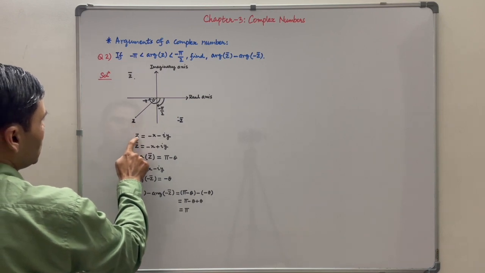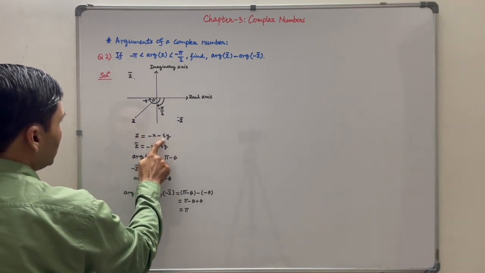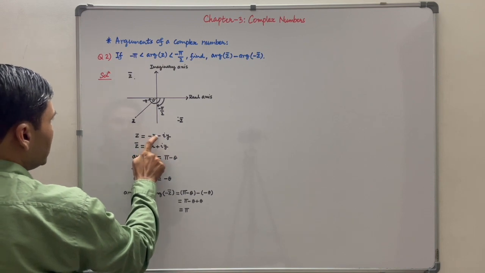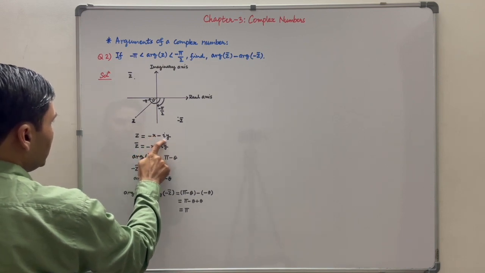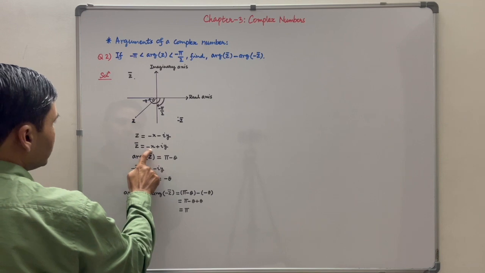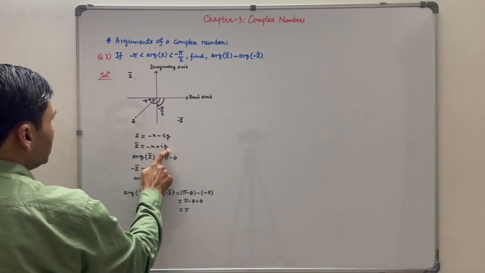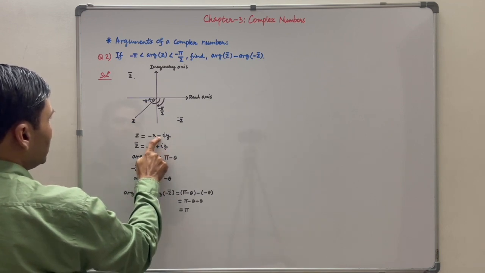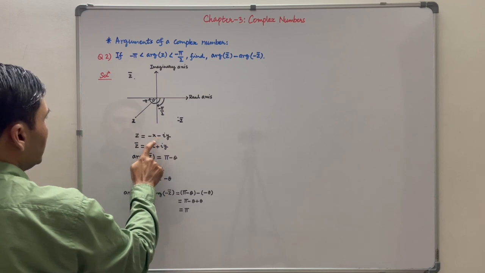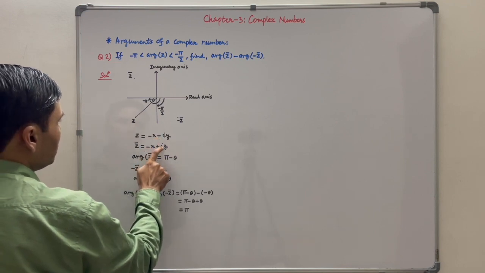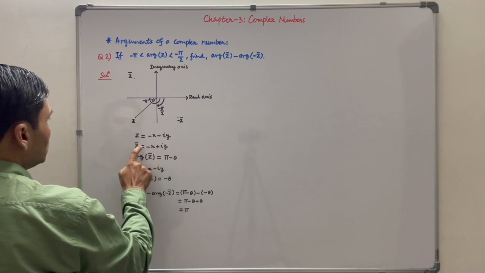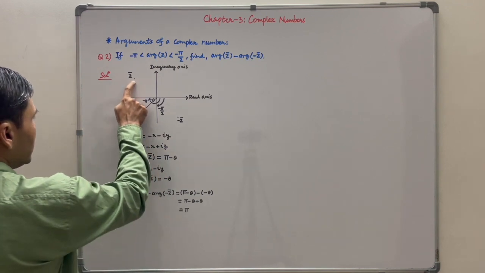Let's say Z is equal to minus x minus iy, so that its real and imaginary parts are negative. Z bar is equal to minus x plus iy. We just need to change the sign in between real and imaginary parts. Its real part is negative and imaginary part is positive. So Z bar lies in second quadrant.